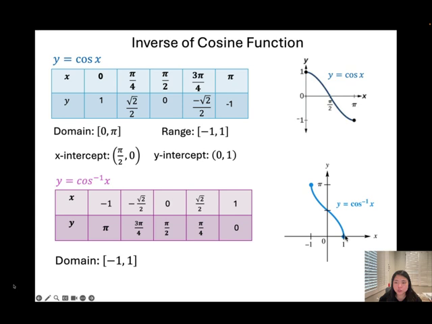How about the range? Range will be from 0 to pi. Remember that when we have the function f and the inverse function f, the domain will become the range, and the range will become the domain. How about the x-intercept? The x-intercept will be 1 and 0. The y-intercept will become the x-intercept, and the x-intercept will become the y-intercept.